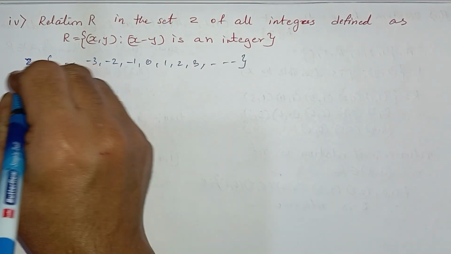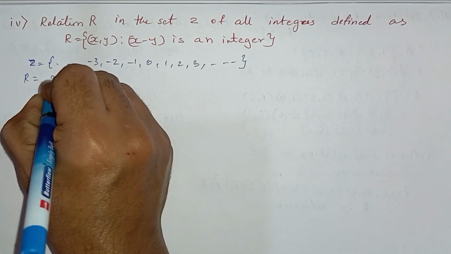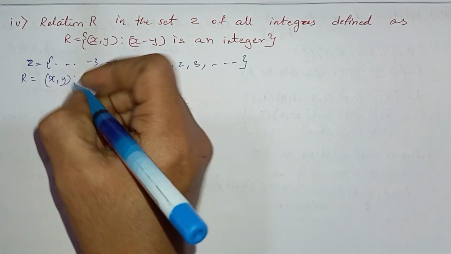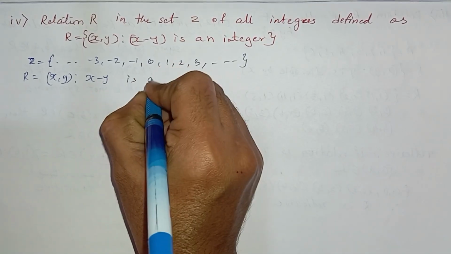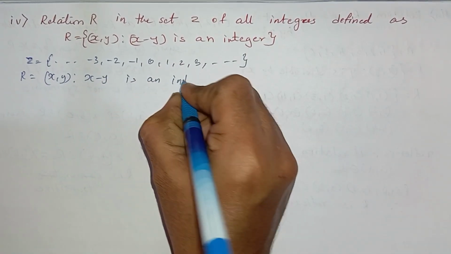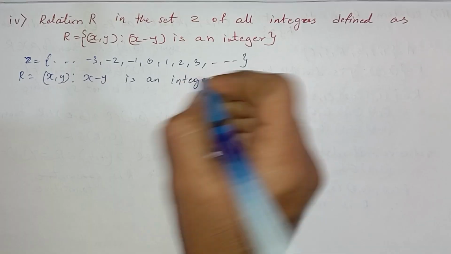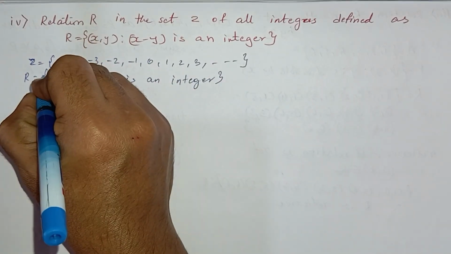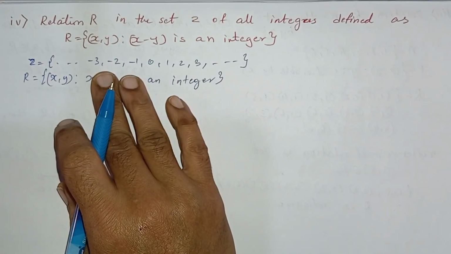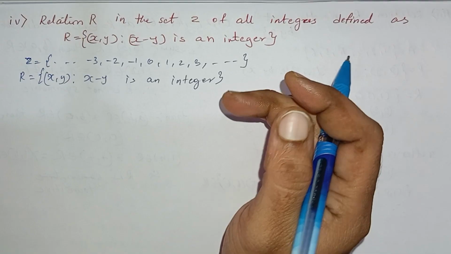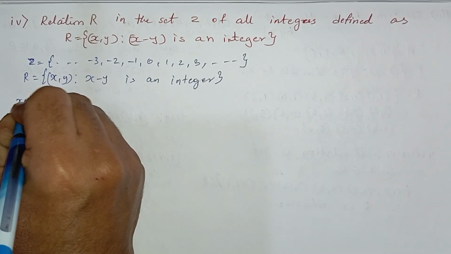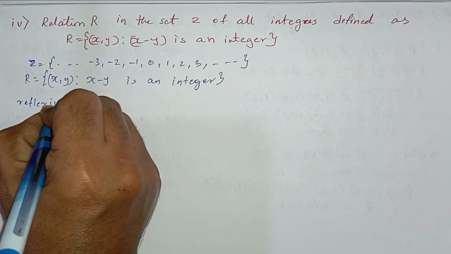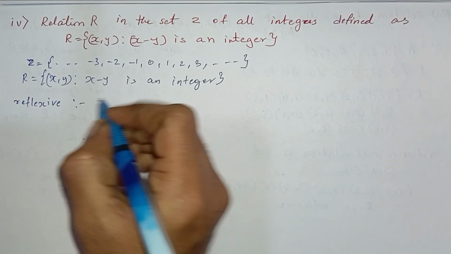Then they have given us a relation where R is (x, y) such that x minus y is an integer. So we have to prove it for reflexive, symmetric and transitive. First we will check for reflexive.